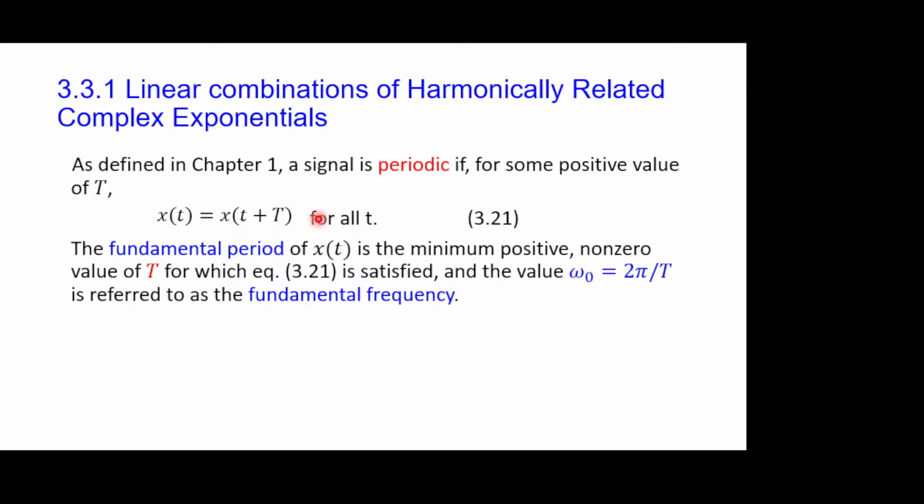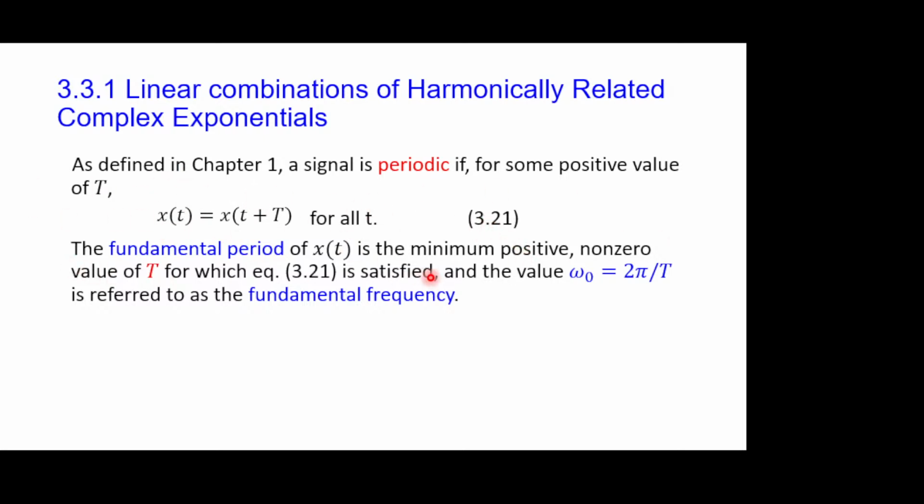So you can shift your whole signal by this big T, and the signal will stay the same. Big T is a period of your signal, and then there is a fundamental period, which is the minimal big T you can find, minimal and positive.